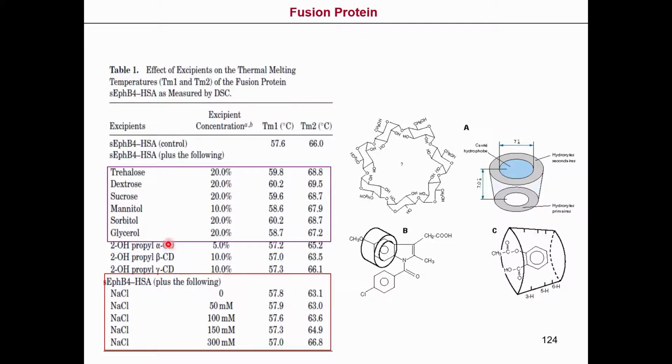In the presence of CD, do you know what CD is? It's cyclodextrin.